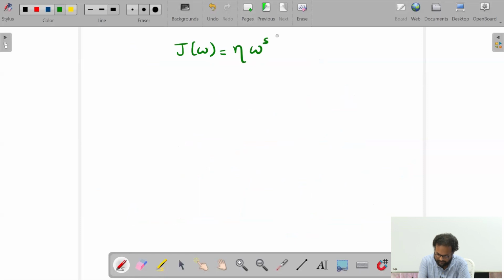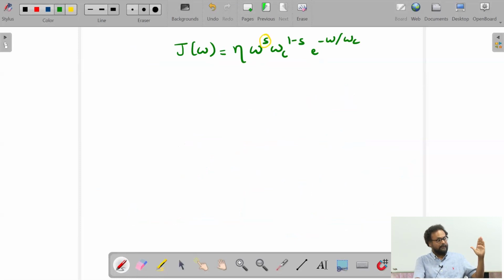But the important part is, omega c is the frequency of the bath mode, but that doesn't matter. The most important thing is this S parameter. So as you can see here, your J, your spectral density, can either be linear, superlinear, or sublinear with respect to the frequency of your oscillator, okay?